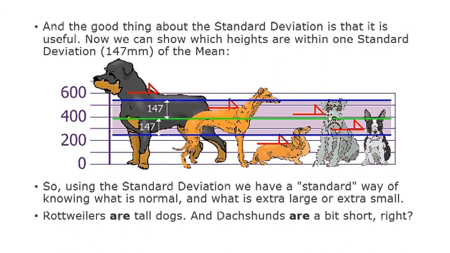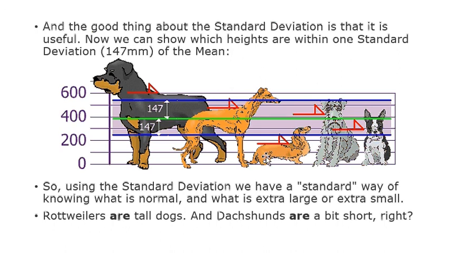And also the fourth dog is a normal height because it is within the range of positive 147. And the first dog here, the Rottweiler, is somewhat extra tall. It is outside 147. Okay, and we have two small dogs here, extra small dogs here, the third one and the fifth one.